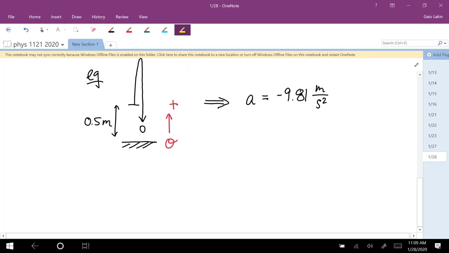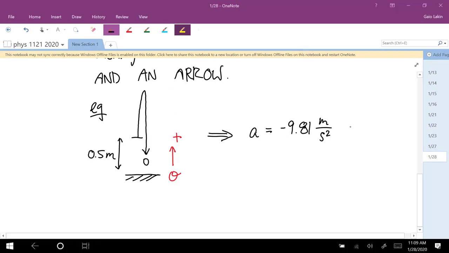But that's always equivalent to, so that's the same thing as saying, down with a magnitude of 9.81 meters per second squared, right? That sign could have been indicated as an arrow direction.